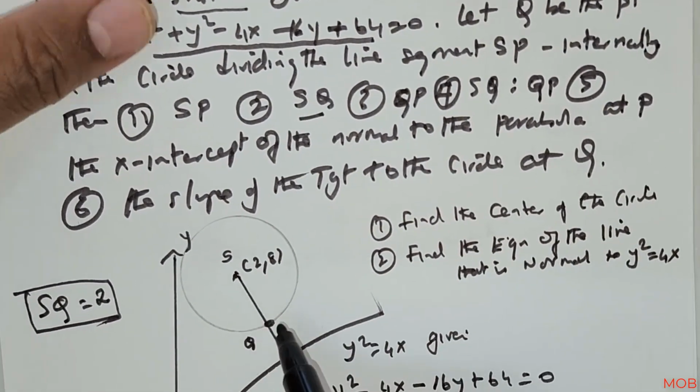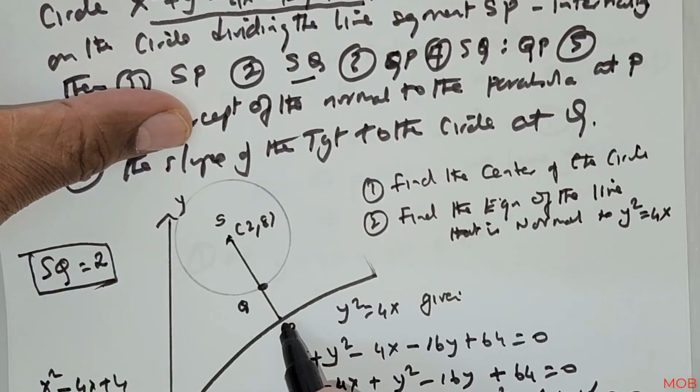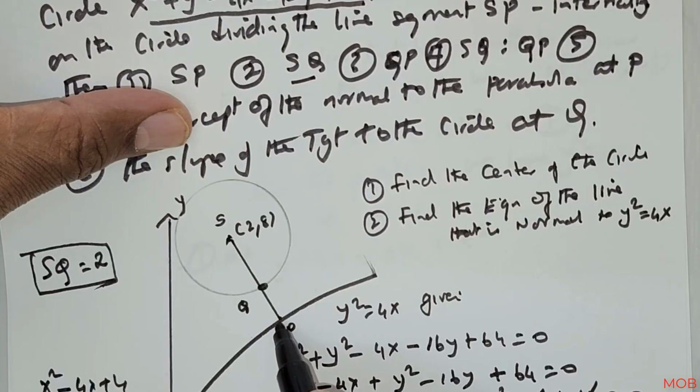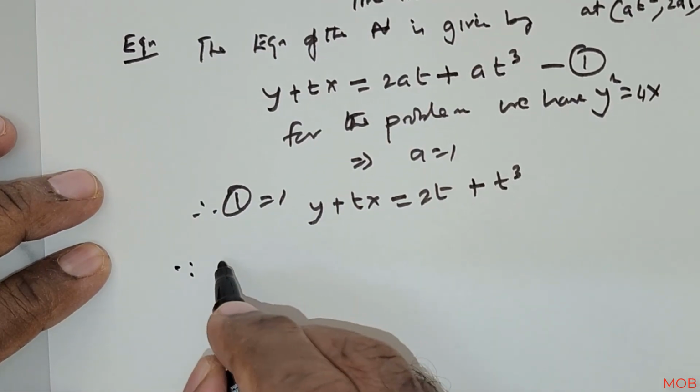The point P is the shortest distance from the circle, and that is only possible if the normal is actually passing through the center of the circle. Okay, that's exactly what I'm going to write.